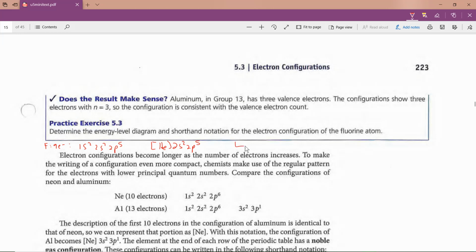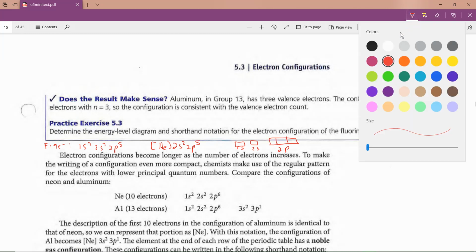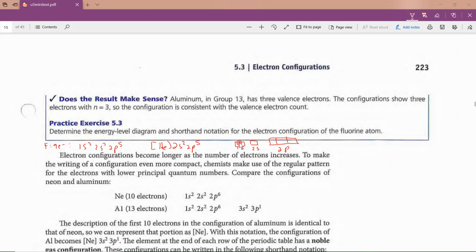With the orbital box diagrams, we'll have 1s, 2s, and then we'll have 2p. Okay, so 1s2, 2s2, and then 1, 2, 3, 4, 5, 6, 7, 8, 9. So we see how that works.